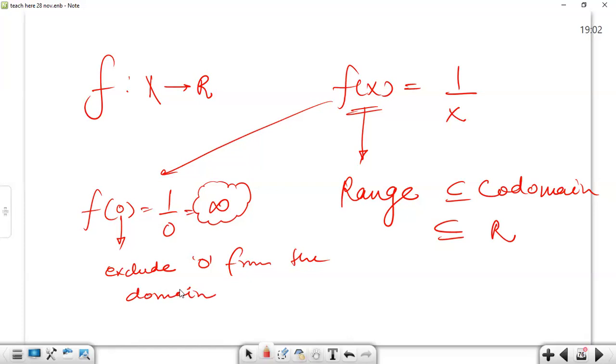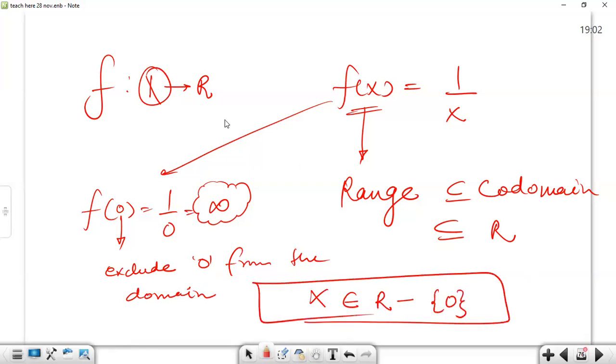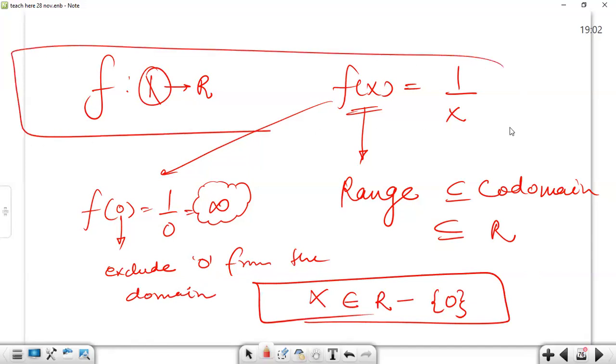And also, x cannot be an imaginary number like iota. So for all real numbers excluding 0 as an element, the x set, the domain, is defined. So this is our domain to define the function as given. Any doubt? I hope no.